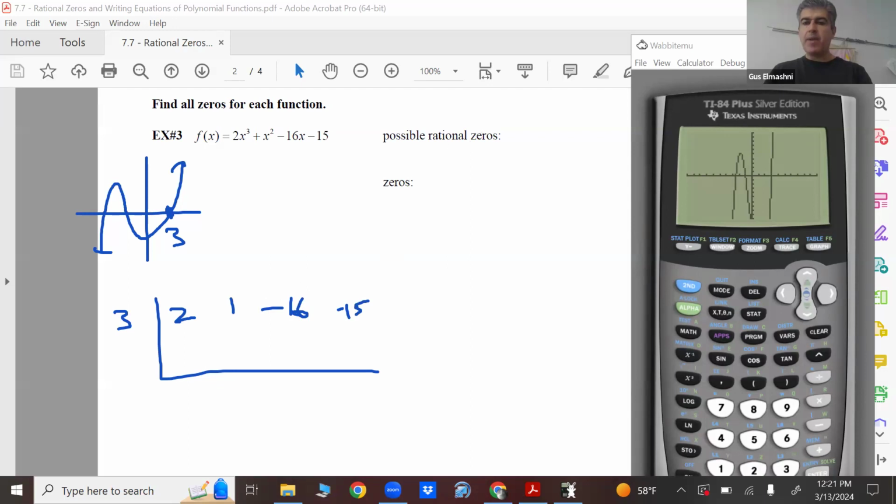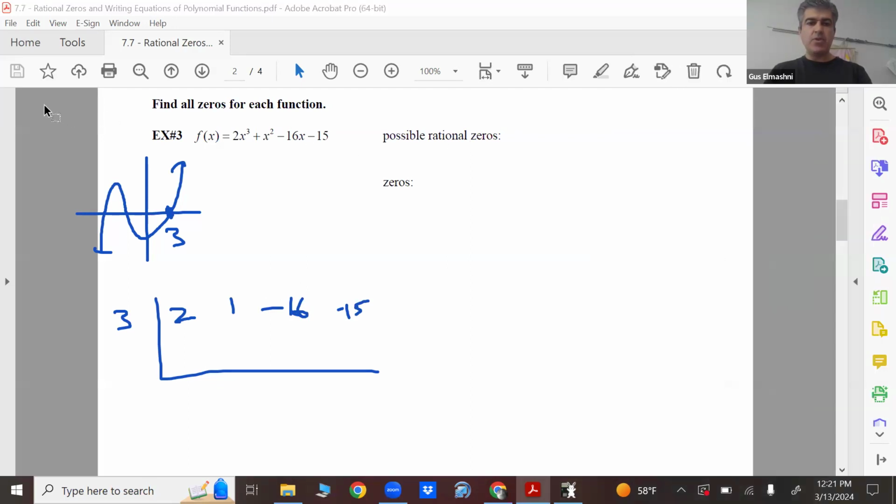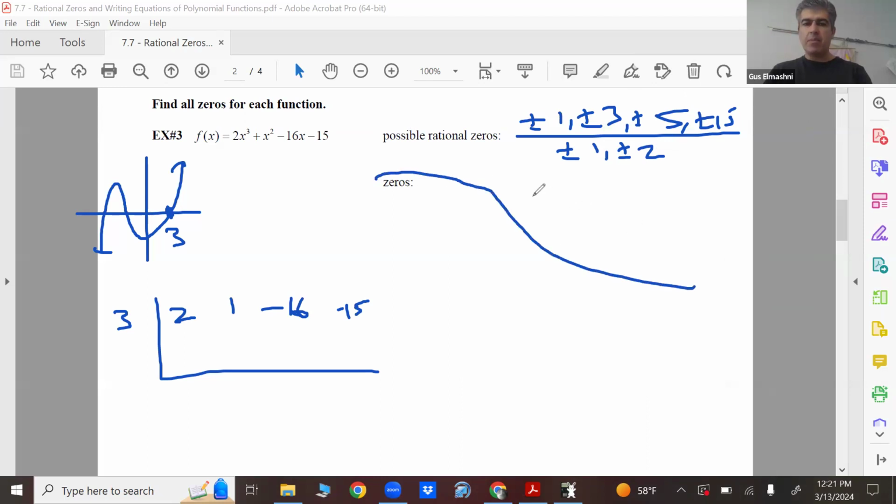Now, the possible rational zeros, again, I should do this anyway. Plus or minus 1, plus or minus 3, plus or minus 5, plus or minus 15, over plus or minus 1, and plus or minus 2. If you were to actually work it out, you get plus or minus 1, plus or minus 3, plus or minus 5.